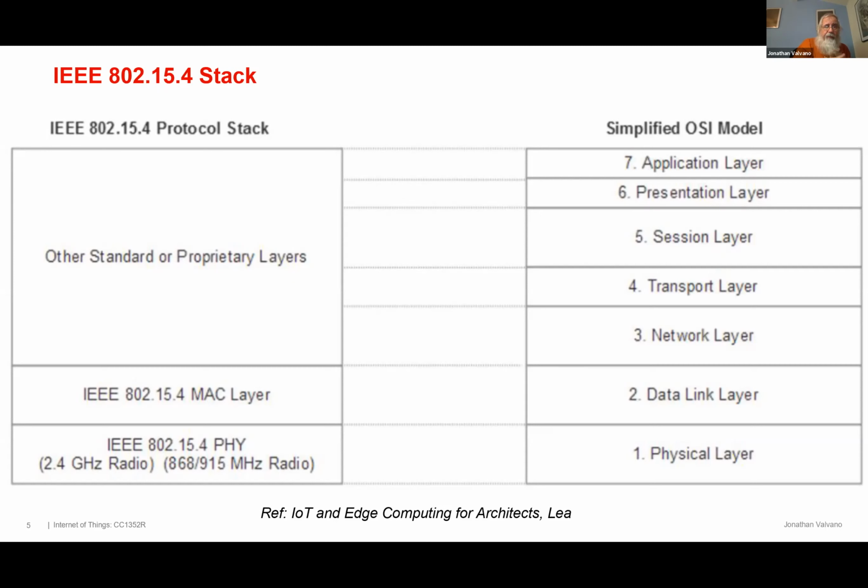Like I said, the physical layer is the 915 megahertz radio, and the physical layer and the MAC layer are implemented as something that's given to us. What does the word stack mean? It's not a LIFO, not a push-pop stack.